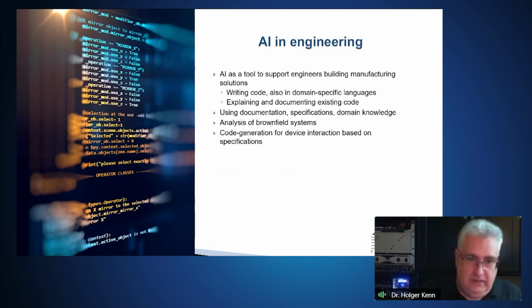And I think about going through documentation, reading specifications, reading documents that define domain knowledge, like domain-specific handbooks, but also like the companion specs. But it can also be used as an analysis tool of brownfield systems. So when we have this information in some form of documentation, then an AI model can actually go and help us read that and extract information and use that information to build something new.